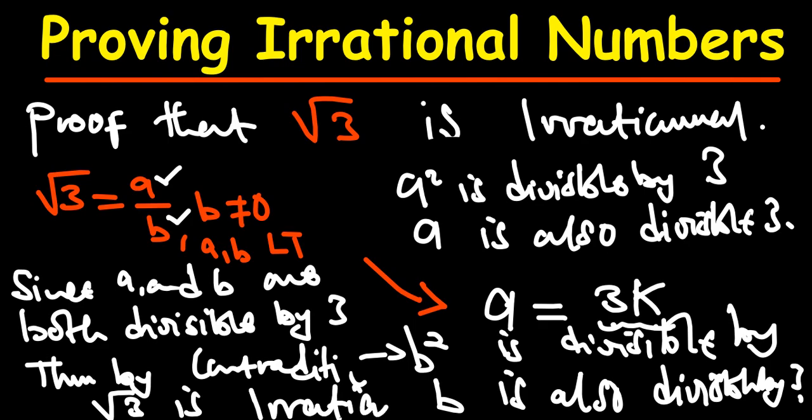Because we would have an irrational number on one side, and on the other side it will be a rational number. So that's a contradiction. Because of what we've stated here, this root of 3 becomes irrational. So that's how we can prove that a given number is irrational.